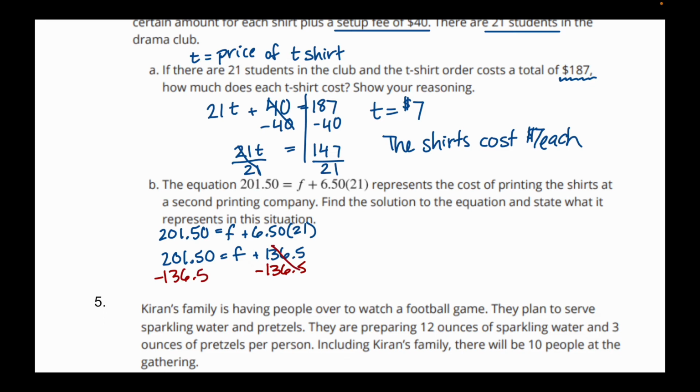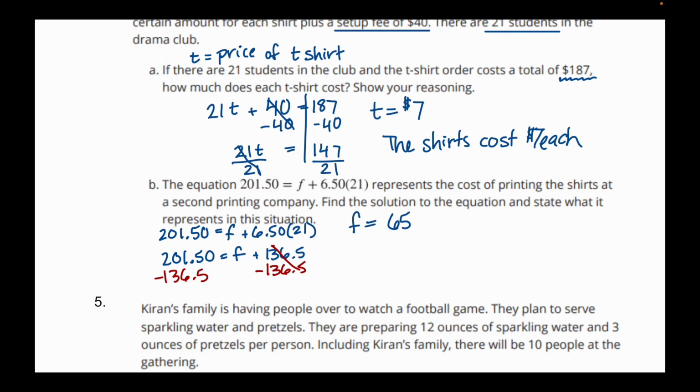So what that would leave us with is F is equal to 201.5 minus 136.5. That is going to give us that F is equal to 65. So now the real question is, what does that mean? Are they charging $65 for every single shirt? No, that's not the case.